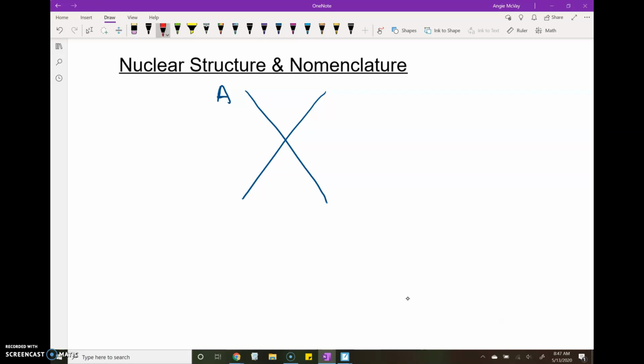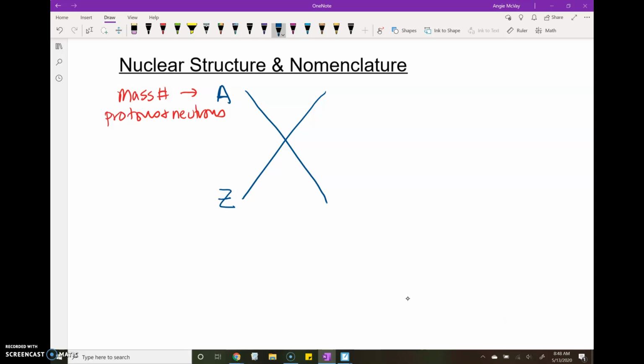This number is called the mass number, and it's the number of protons and neutrons put together in an atom. Okay, and then down in the bottom left, we've got a number that goes there in this symbol.